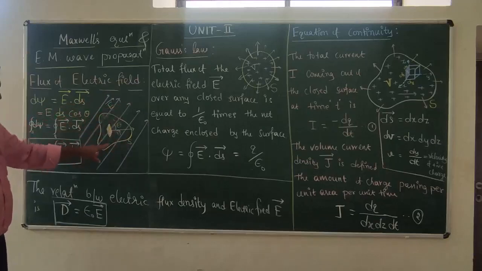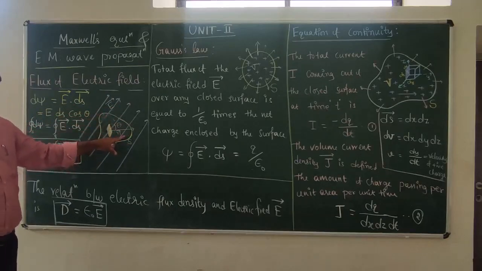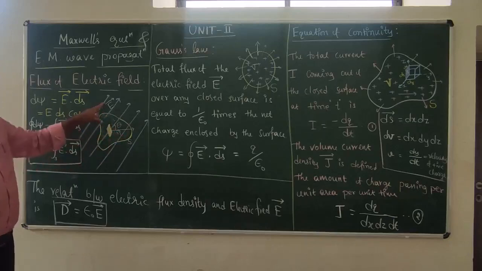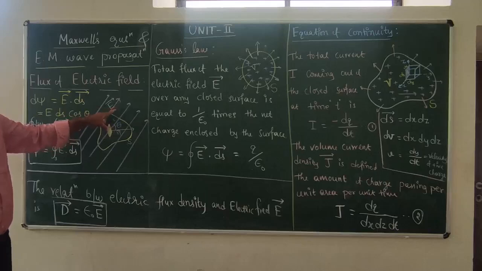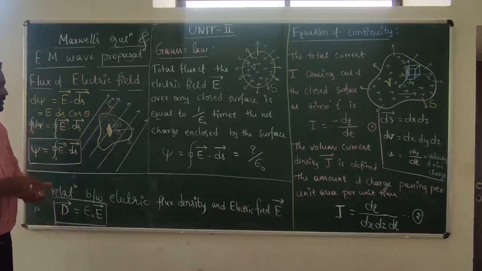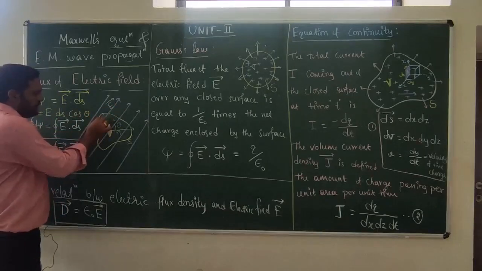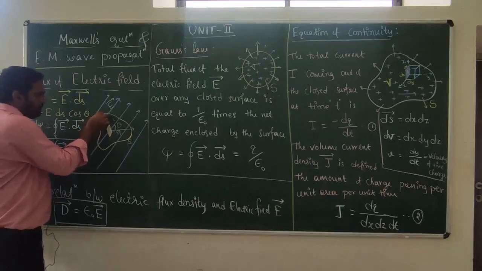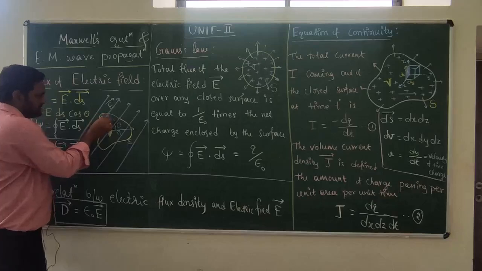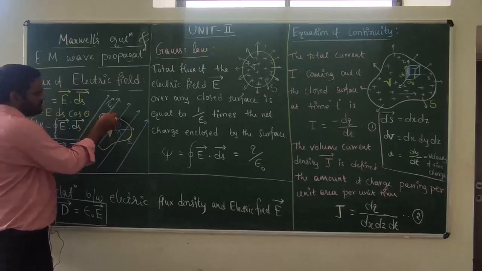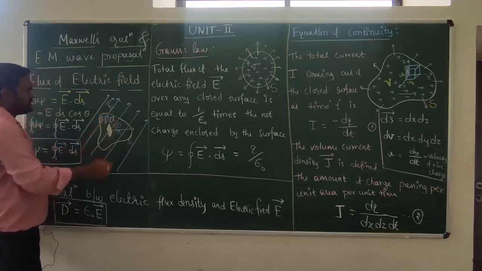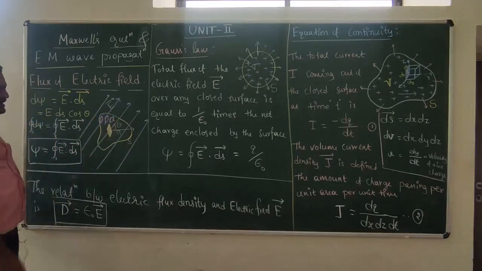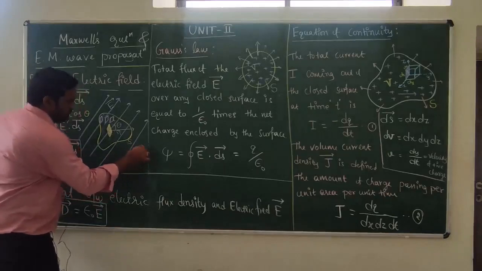Two important points which we have considered: one is that the surface is a closed surface, and this surface is in electric field E. Now we are assuming this particular surface is divided into a number of infinitesimally small surfaces, each of area ds.